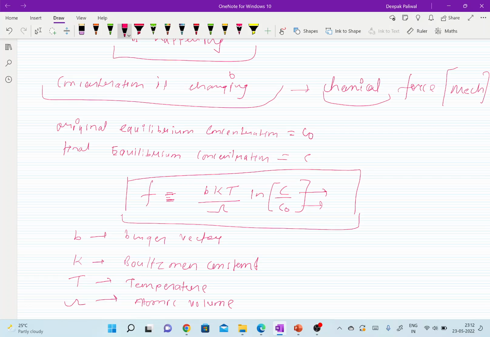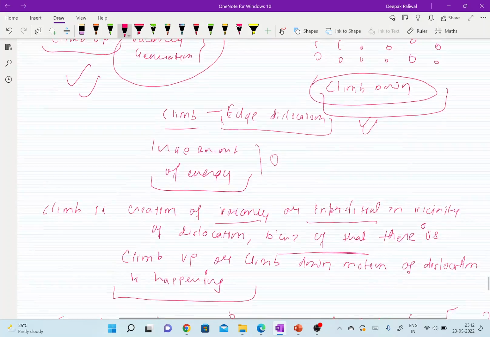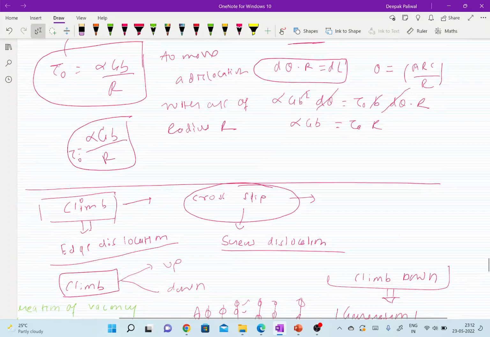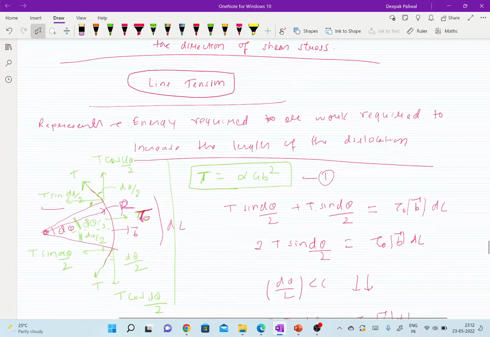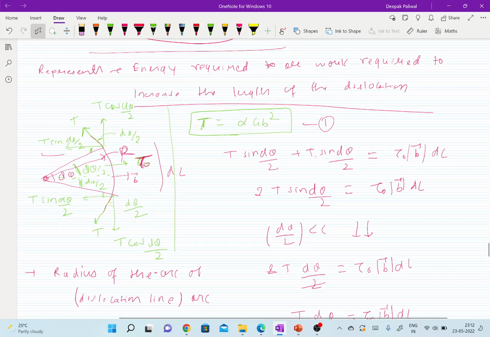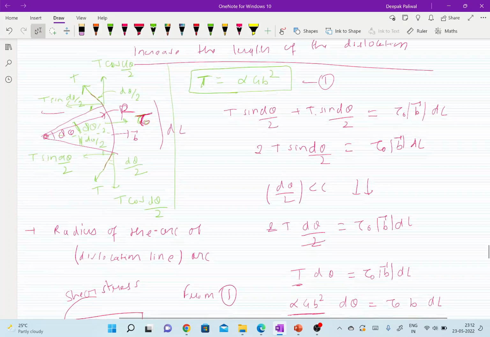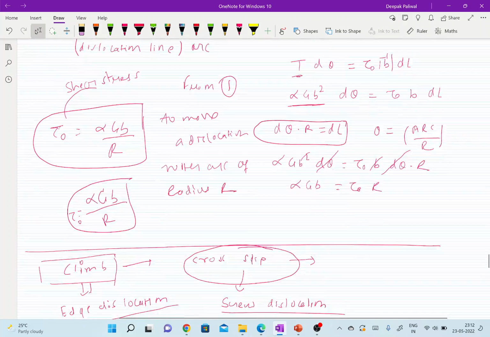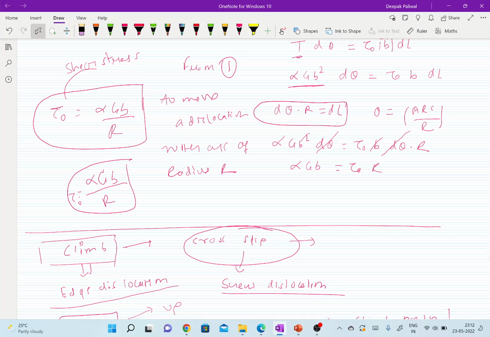So in this lecture, what we have learned about is the line tension, which represents the energy or work required to increase the length of the dislocation. So finally we have deduced the equation tau naught equals alpha G b squared over r.